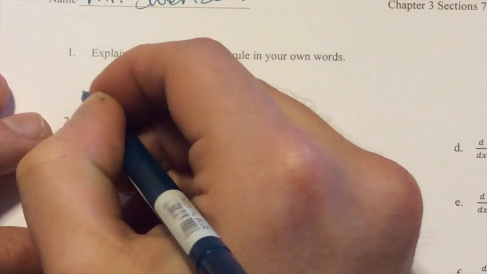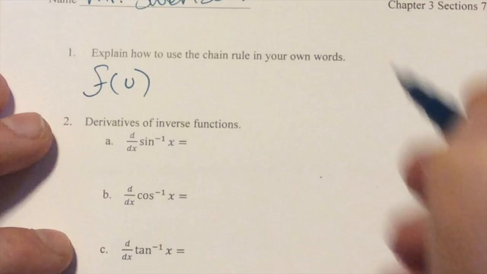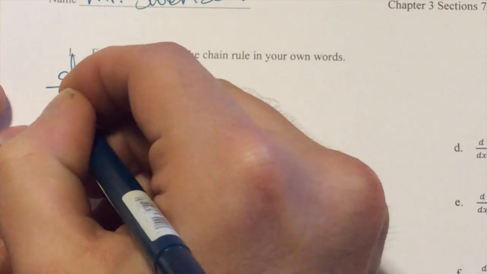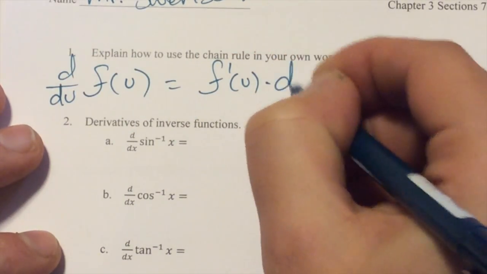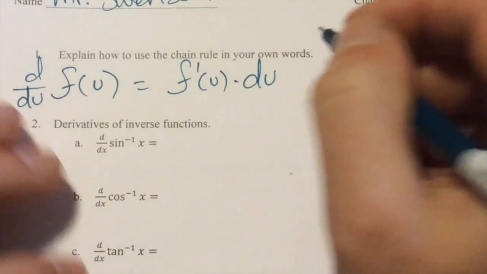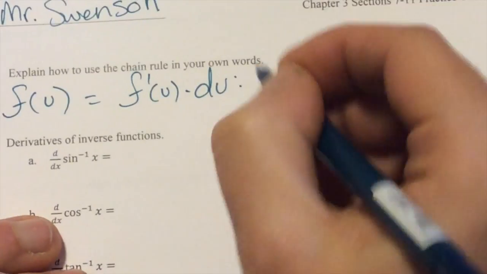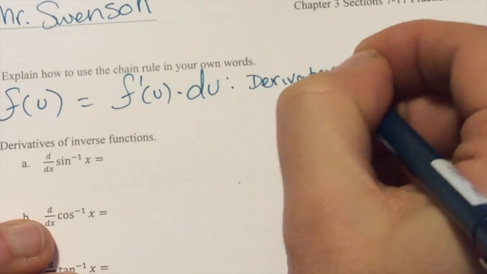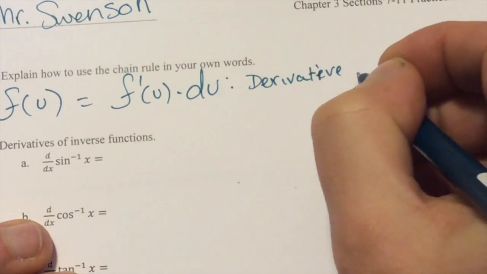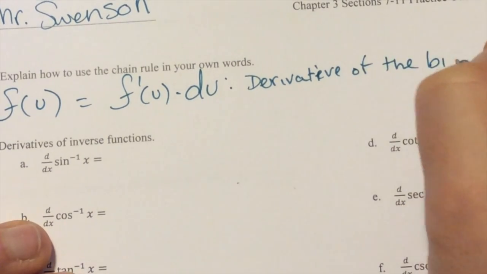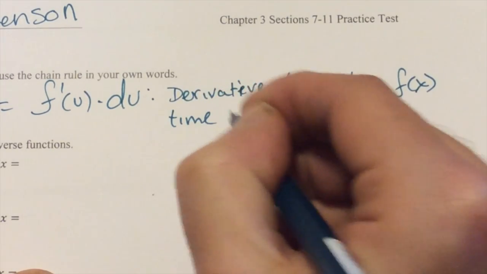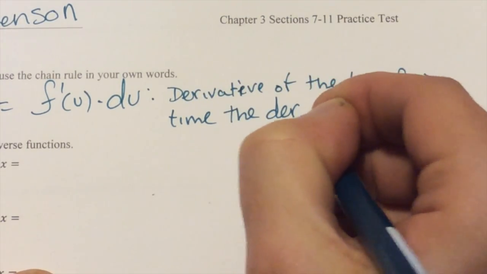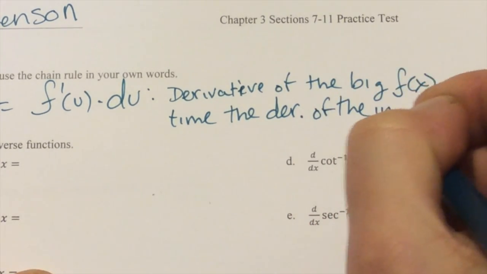So the way I would explain it is we have a function inside a function. So if I take the derivative of that, that means I'm going to take the derivative of u times whatever the derivative of the inside is. So another way of saying that is the derivative of the big function times the derivative of the inside.